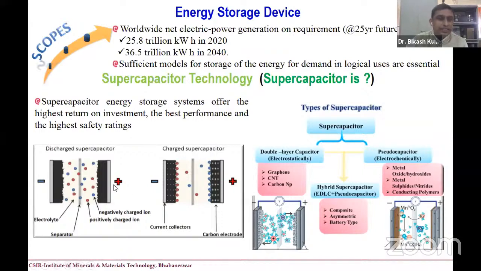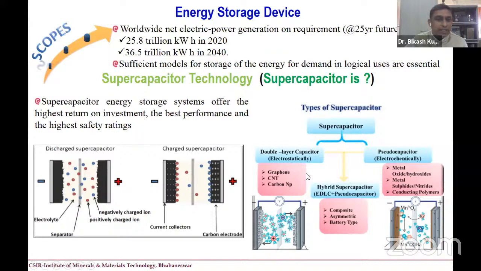In the discharged state, the charged species are randomly distributed here and there. When it's charged, you see the ion species are separated and adsorbed on both sides, the cathode and anode sides. Based on the operating principle, different kinds of supercapacitors are developed.